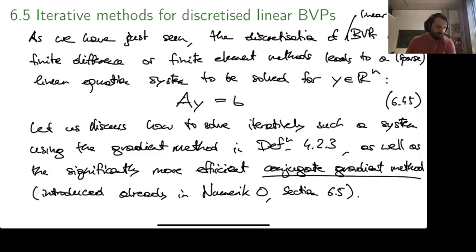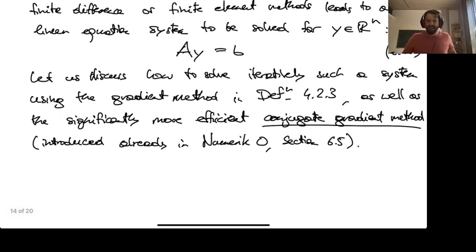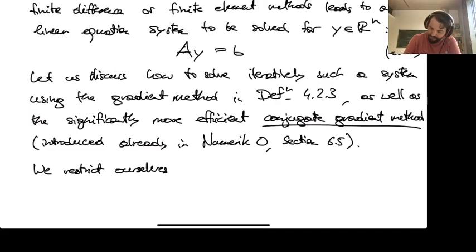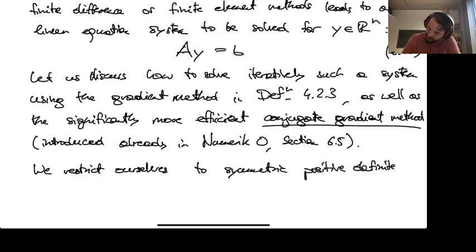Okay, so restrict now. We've seen that for general second order boundary value problems, you get these tridiagonal systems, and they are in general non-symmetric, but we restrict ourselves to symmetric positive definite, SPD matrices A in Rn cross n.